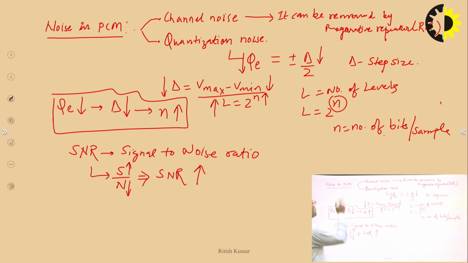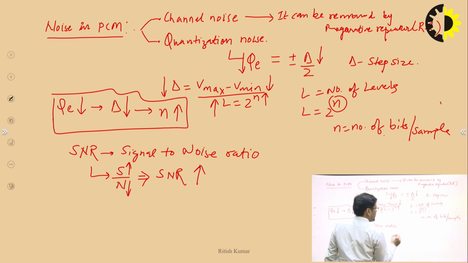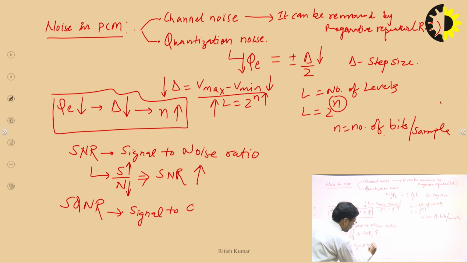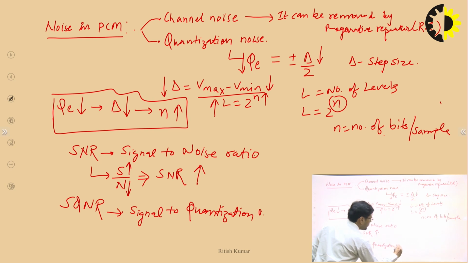So, in the case of quantization error, I will call the SNR the SQNR, signal to quantization noise ratio.